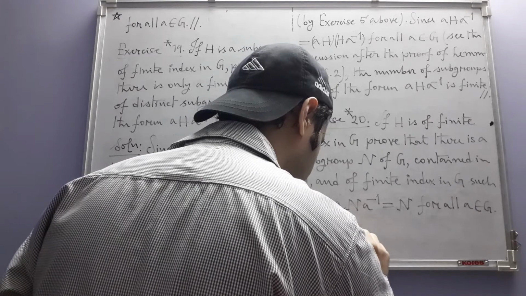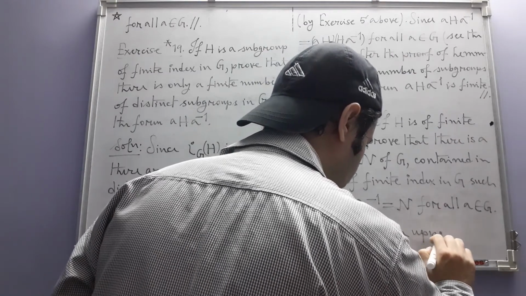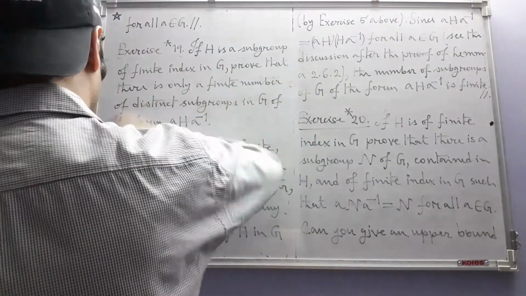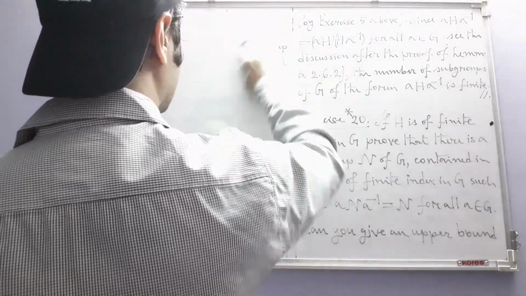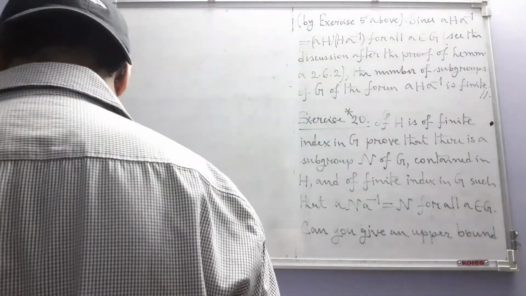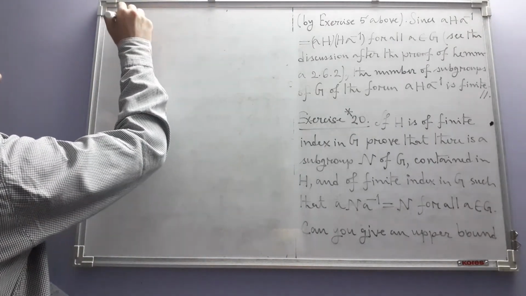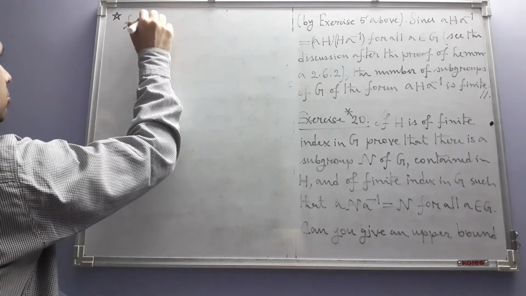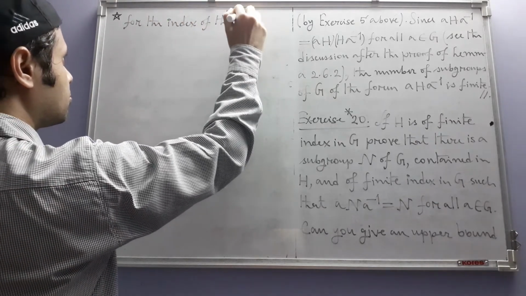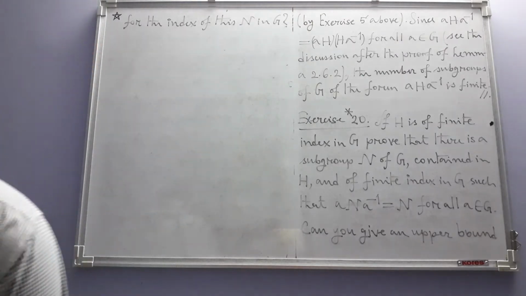Can you give an upper bound for the index of this N in G? Okay, let me put some ink.